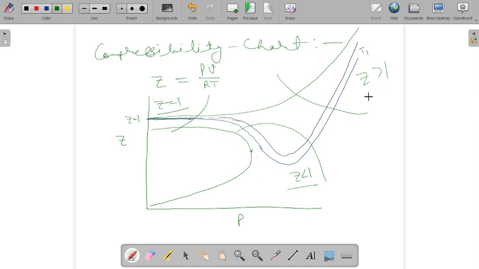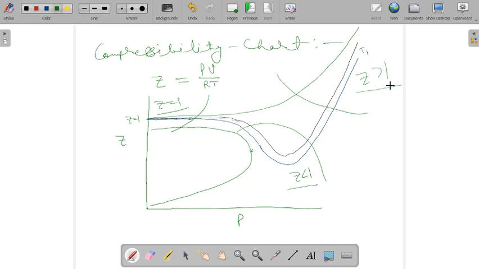So this is the zone where molecules are so close that they are experiencing nothing but repulsive forces. If you consider ideal gas behavior, which is without intermolecular forces, that will occupy less volume in this zone, whereas a real gas will occupy more volume. So this is the reason for having a value of Z greater than 1 in this region.